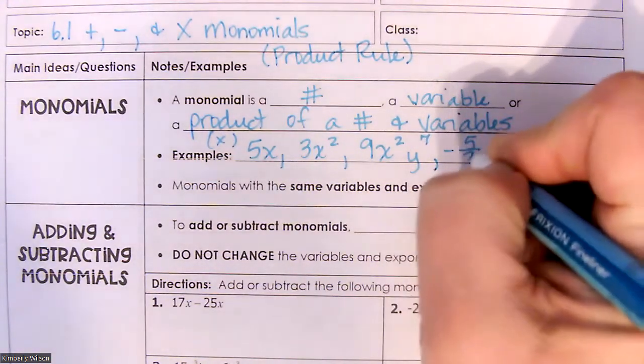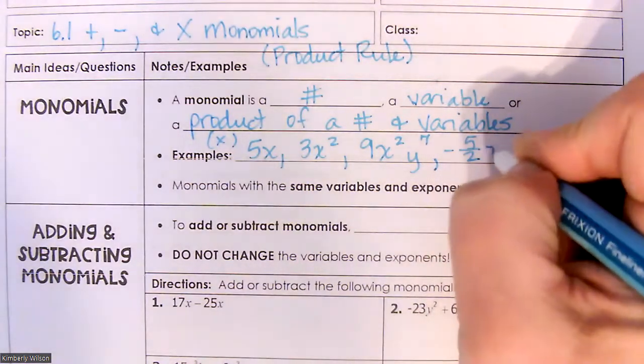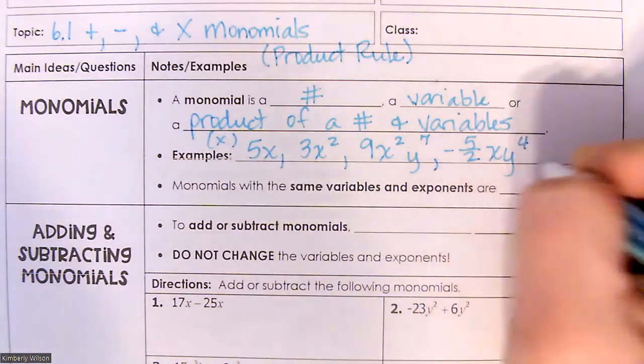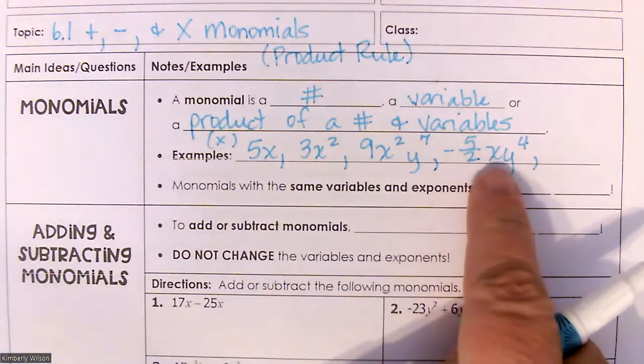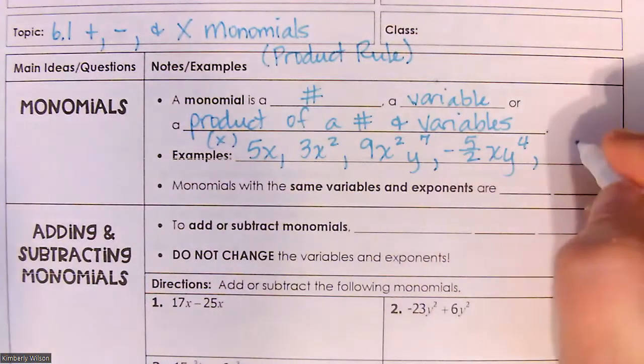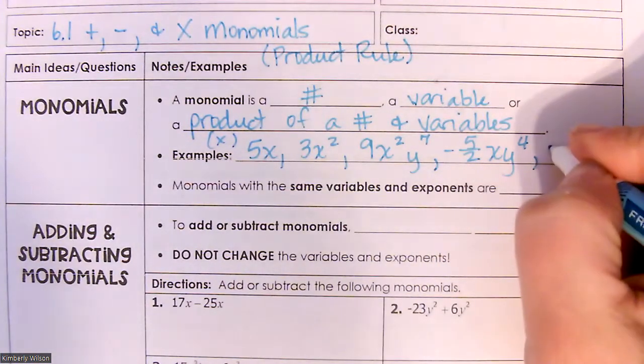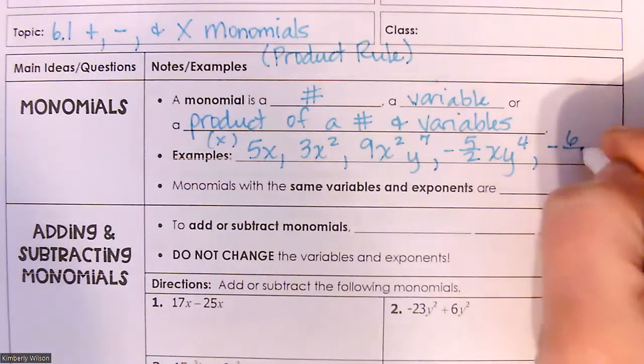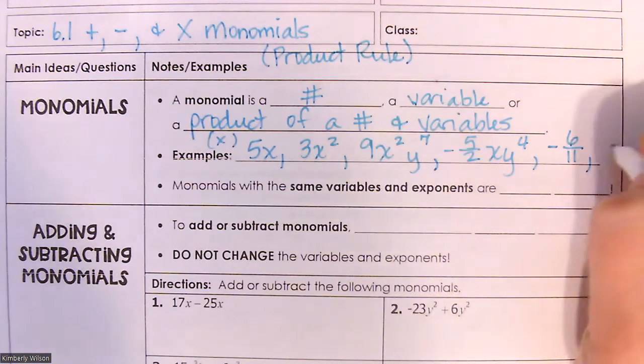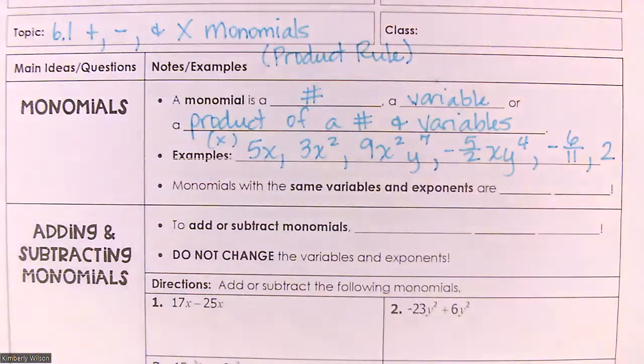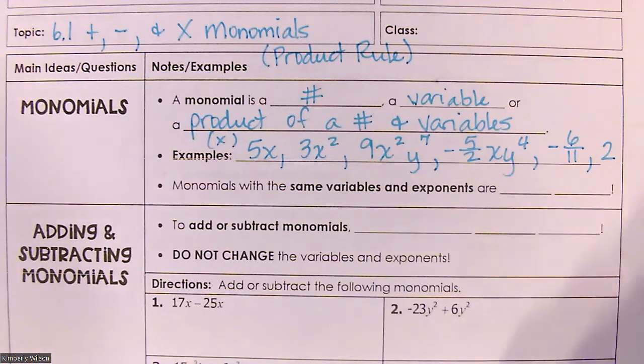Negative 5/2 x y to the 4th, that's all multiplication between each factor. Negative 6/11 or just 2. Those are all monomials. Okay.